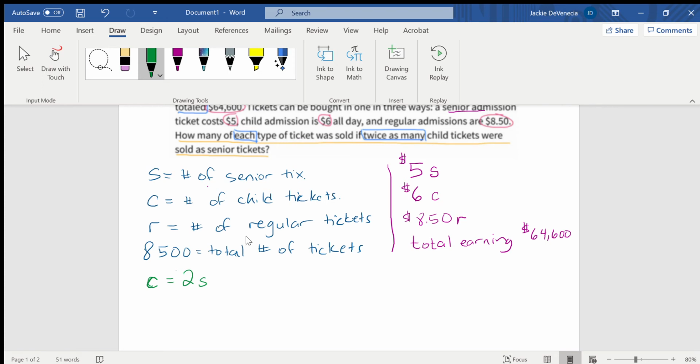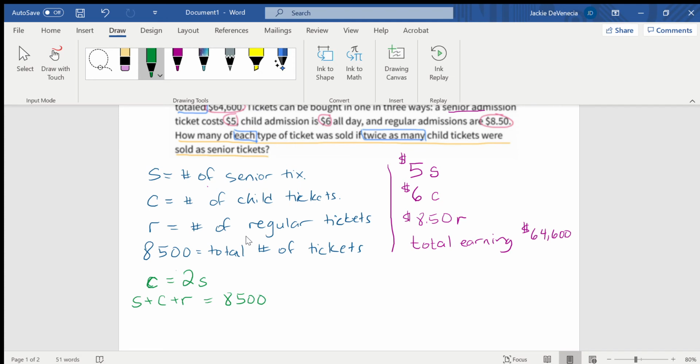Next, we use the information given to write the other expressions. Notice here with the numbers, if I put all these numbers together, I would get 8,500. What operation means put all together? That would be addition. So I'm going to add S, C, and R, and it'll give me 8,500.